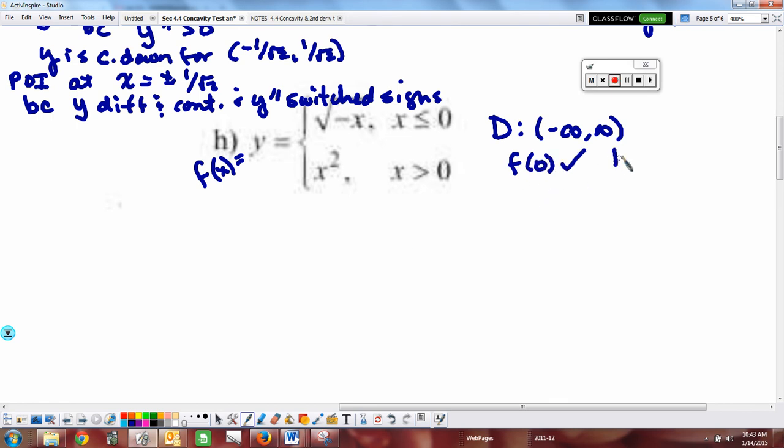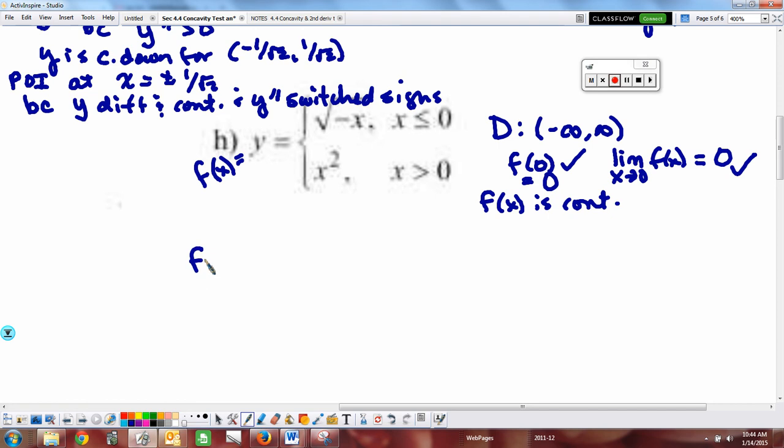We know that the limit as x approaches 0 of f of x exists, because the left side is going to be 0, the right side is going to be 0, so that limit is going to be 0, and these two are the same, so therefore f of x is continuous.